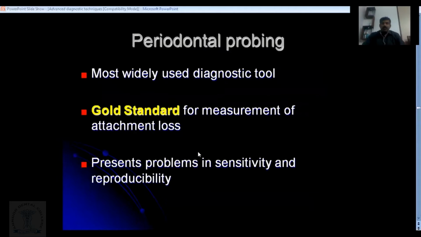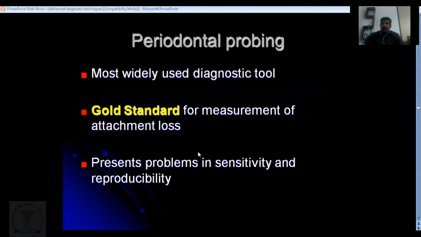The problem is, I do a probing in a patient, and I take a measurement of probably 5 millimeter in relation to the mesial aspect of the central incisor. Another person probes and finds that it is only 3 millimeter. So that is disparity.